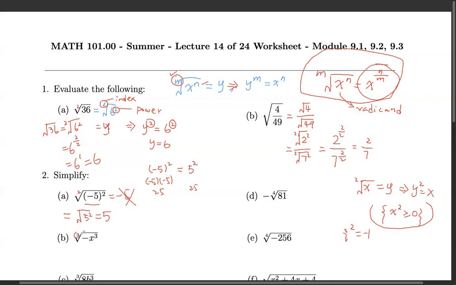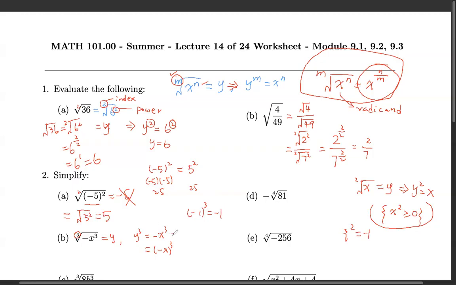Now let's see B. Now the index is 3. Let's see if this one equals y. So we can write y cubed equals -x cubed. This is the odd number. And then the -x cubed can be written as -x raised by 3, because -1 raised by 3 is still -1.